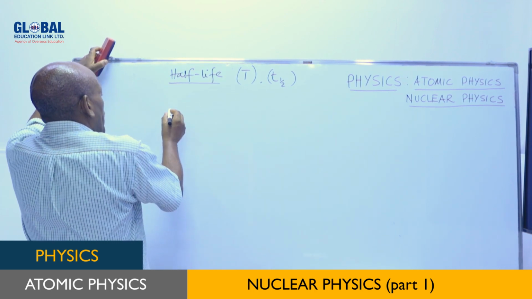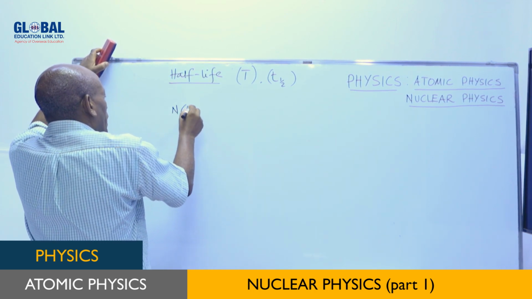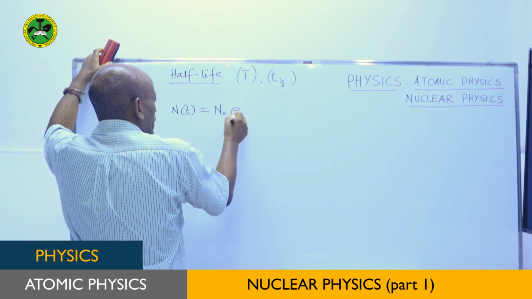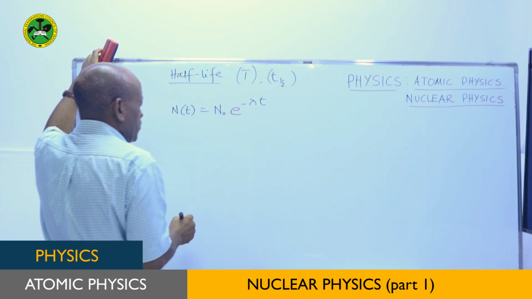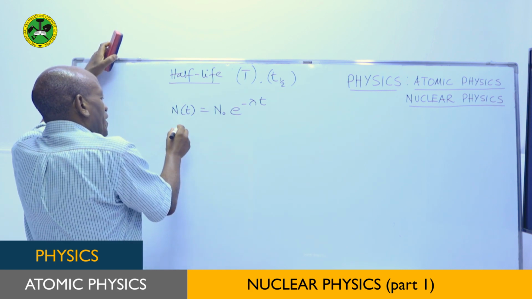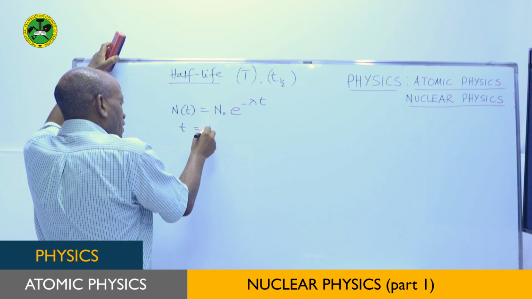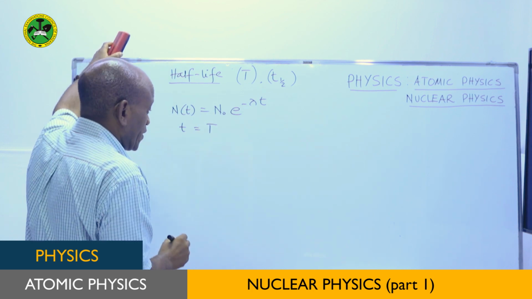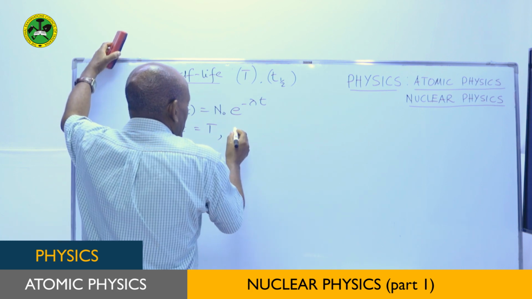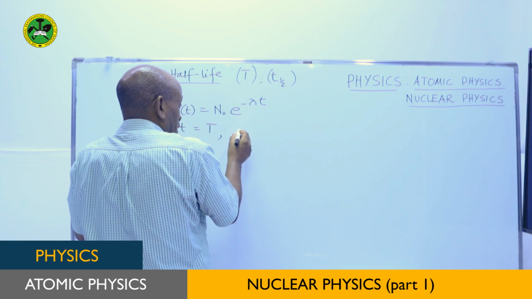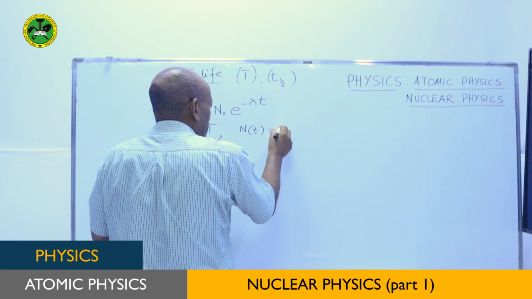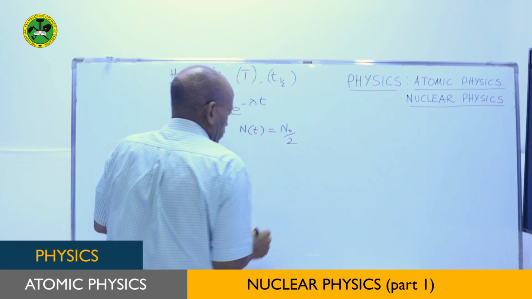And we could determine this half-life. Let us look. From our original expression, we had said that the number of atoms at time t is equal to N0 e power minus lambda t. Now let us assume that for a half-life, the time t is equal to capital T. That is the half-life. And if that is the case, then the number of atoms present at that particular moment is going to be reduced to a half.